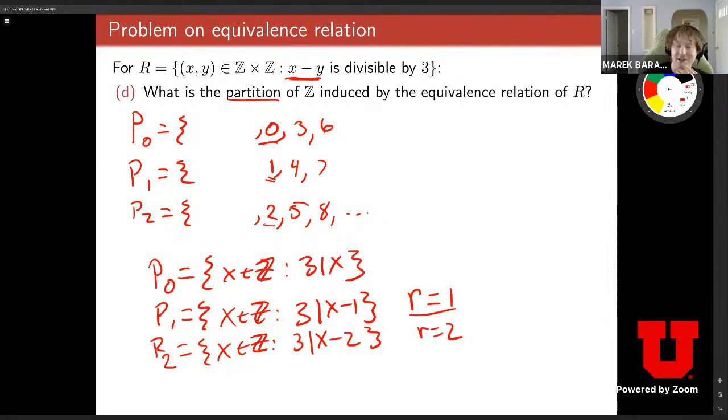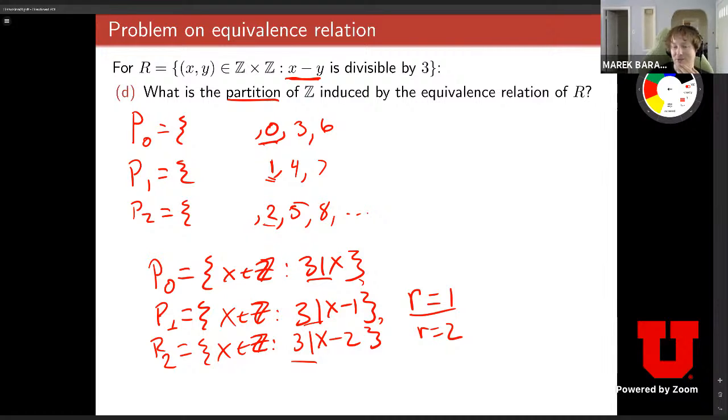So maybe just quickly we'll check this is a partition. We know they're not empty, right? Because this one has 0 in it, this one has 1, this one has 2. We know they don't have elements in common because the division theorem says that every remainder is unique. The only way you can be in P1, for example, is if the remainder is 1, so nothing can be shared between any of these.